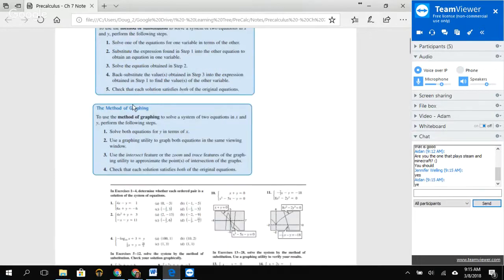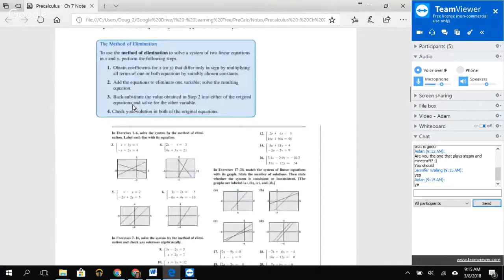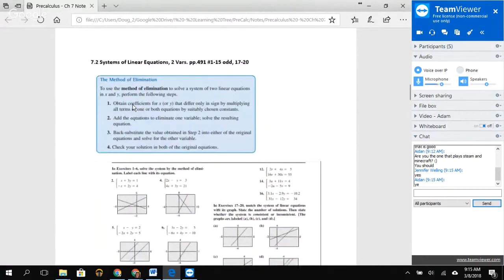Okay, so pull up our notes here. You could technically use the elimination method for any system of equations, but really linear equations is where it makes the most sense. So really, I think to do this, we want to just do some examples.